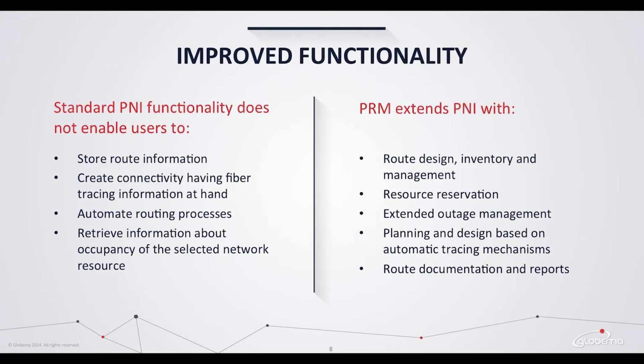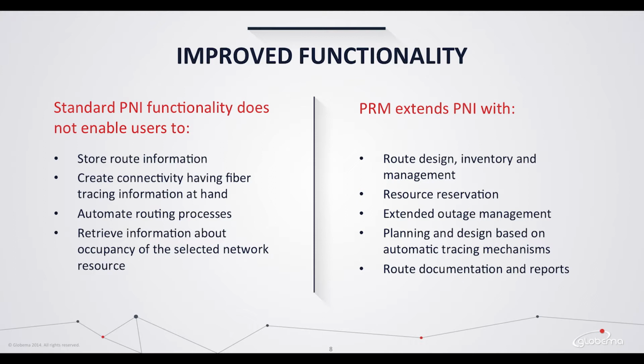PRM extends physical network inventory with a lot of new features. With Physical Route Manager, users are able to store information about fiber designation using PRM routes. Users can create connectivity with respect to the actual transmission entity. Tracing information for each element is provided instantly while routing. Most of route design can be automated using dedicated routing algorithms.